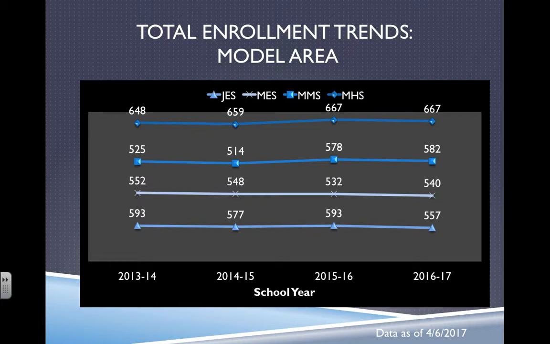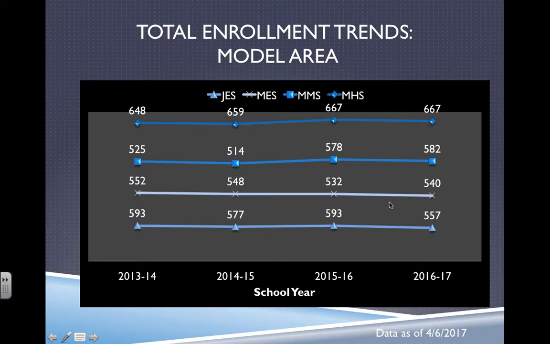If we look here, we have Johnson at the bottom, Model Elementary, Model Middle, and then this is the data you just saw from the high school. So the middle school has grown a little bit more considerably, 514 2 years ago, 582 now.